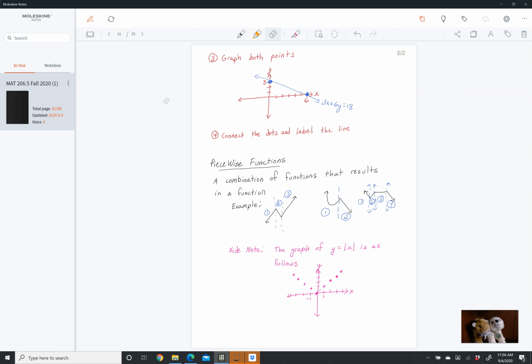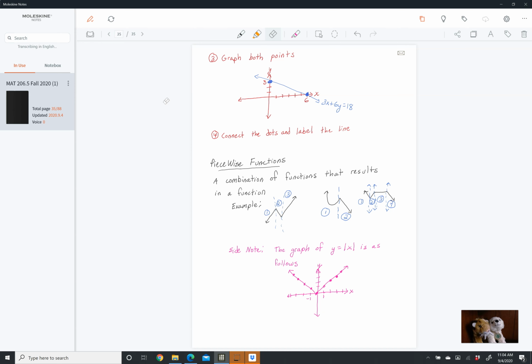So an absolute value looks like a V. It bounces off of that x-axis, okay? So you hit the x-axis, it doesn't go through it. Instead, it bounces off like light would bounce. Okay, so that's just a side note so that you are aware, just in case I decide to use an absolute value function, okay?